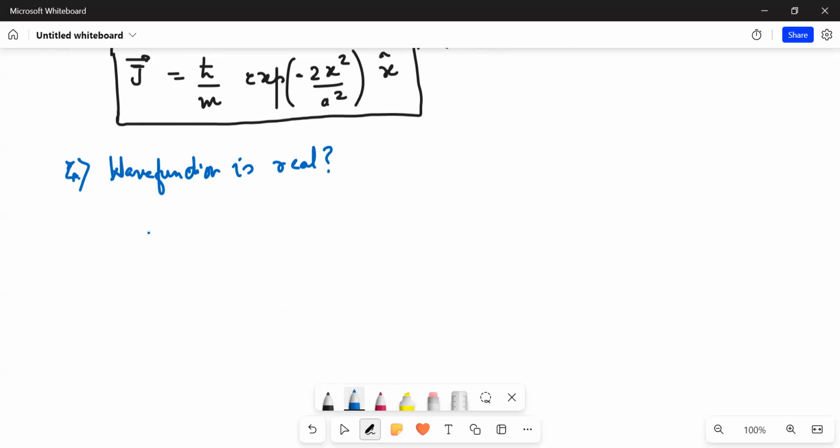So let's say I have this wave function: psi x is equal to e to the power iota kx plus 2 e to the power minus iota kx. And I want to find the probability current density J of the real part of this psi. What would it be?